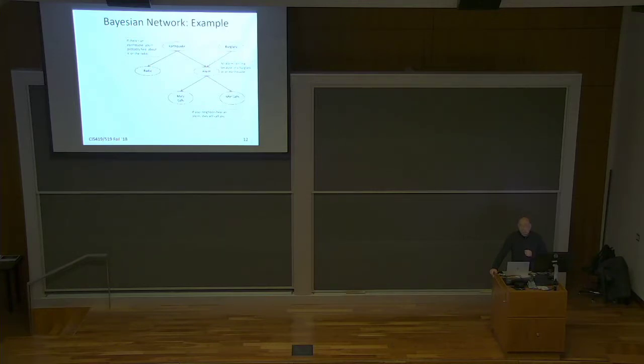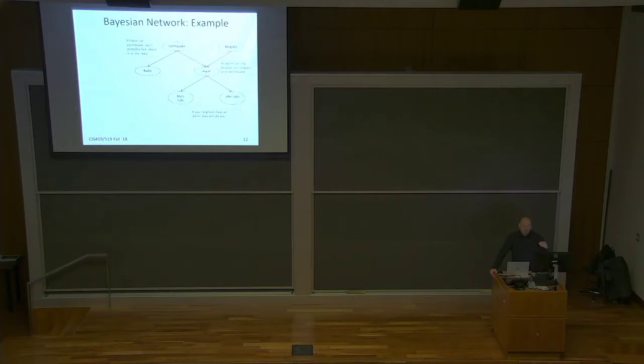Okay? Now, by adding these edges, I made assumptions. For example, I made the assumption that whether John calls, Boolean variable, yes or no, is independent of whether there's an earthquake, given that there was an alarm.